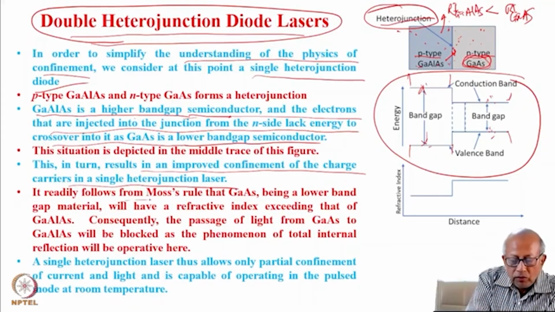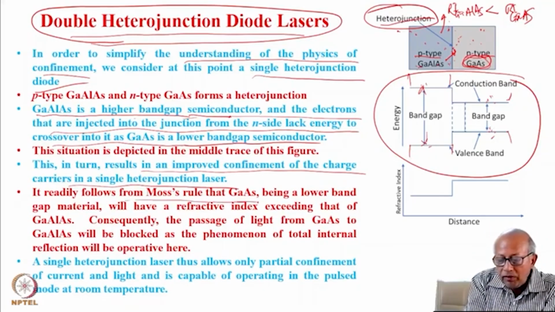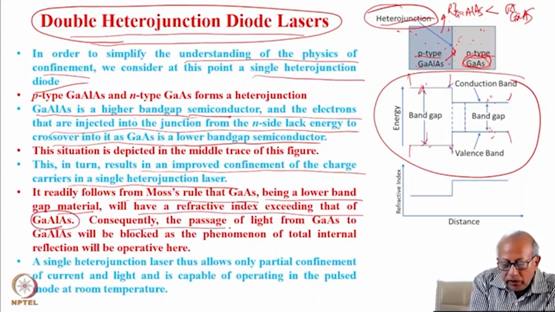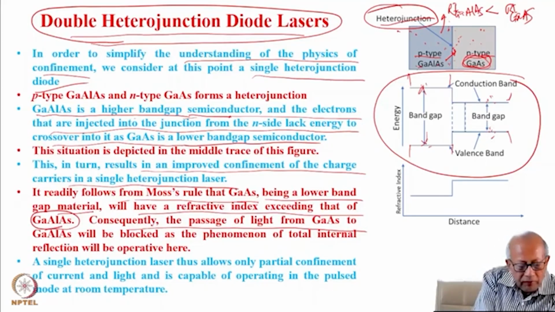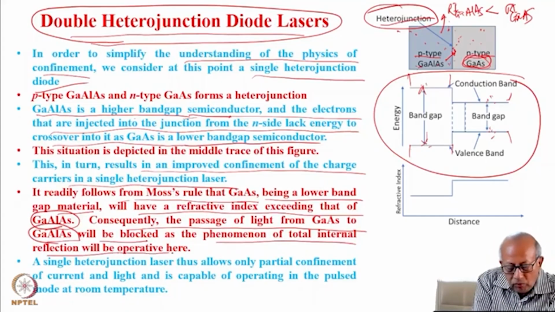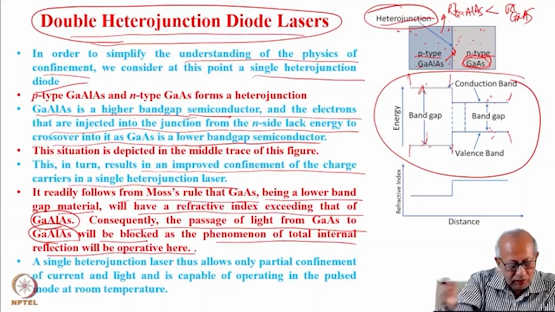It readily follows from Moss's rule that gallium arsenide, being a lower band gap material, will have a refractive index exceeding that of gallium aluminum arsenide. Consequently, the passage of light from gallium arsenide to gallium aluminum arsenide will be blocked, as total internal reflection will be operative here. That is the fact that I just explained.